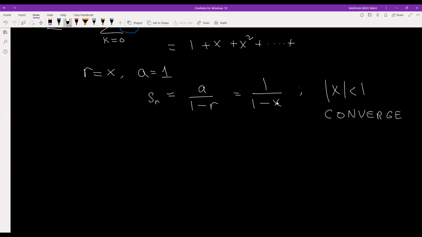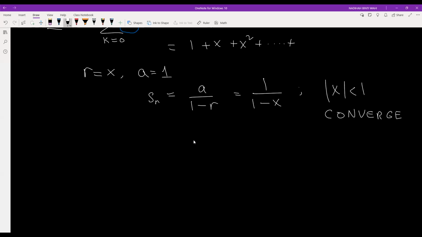Okay, so if you take this series, if x equals 1, this will go to infinity, and if x is bigger than 1, the absolute values will be a really big number.